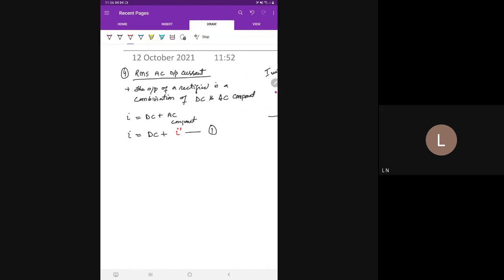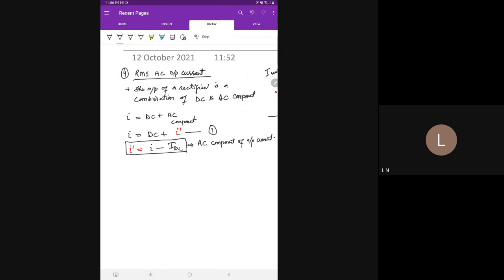We can then say that AC component of the current in the rectifier is equal to I minus IDC, which is the total current minus DC component. So this equation will give us the amount of AC component of output current.